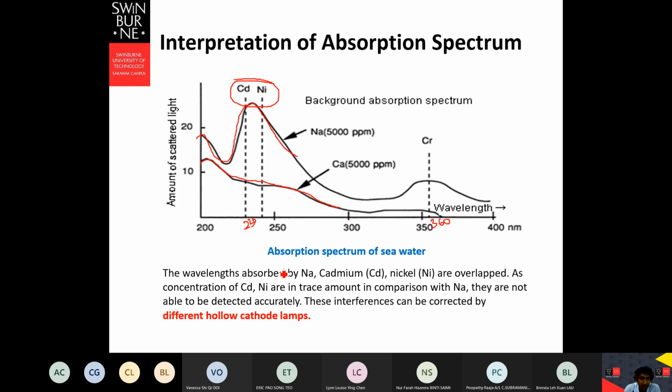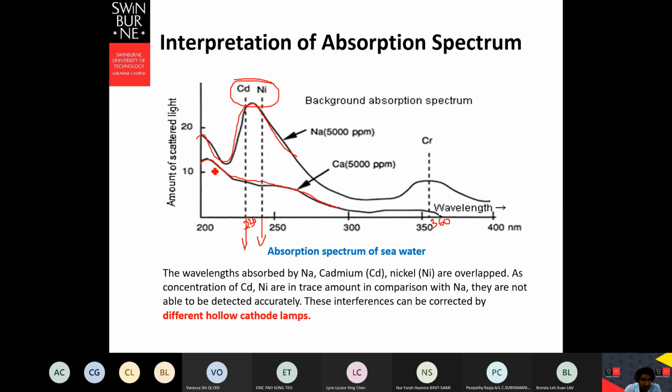But if we use a different hollow cathode lamp that produces a different wavelength of light, one for 230, another for 240, they can give the exact amount.